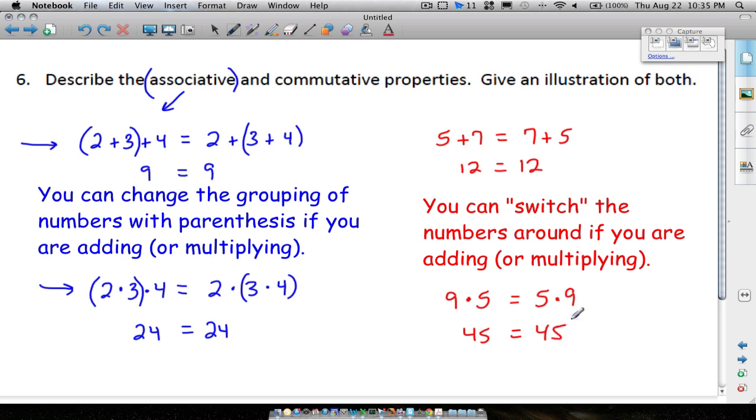Now to hit on this a little bit more to prepare you for future modules, you could get a little bit more abstract by using variables. This works for any numbers.